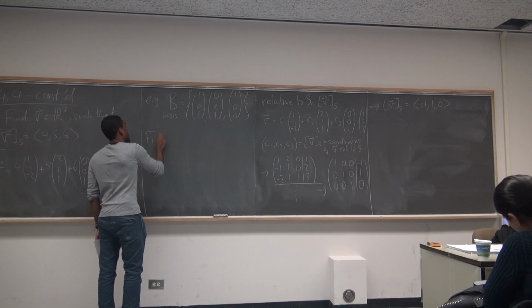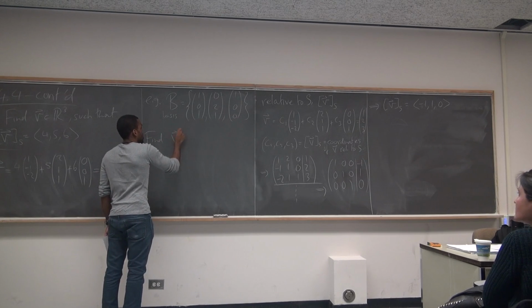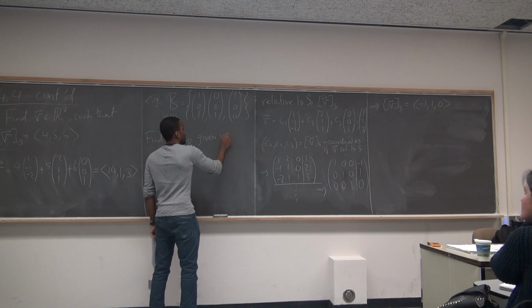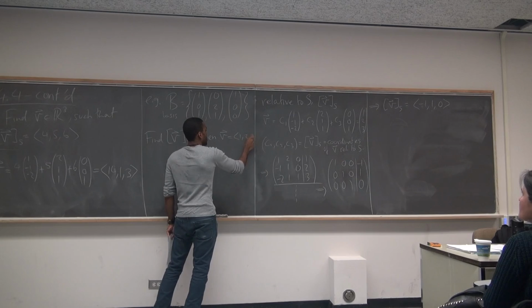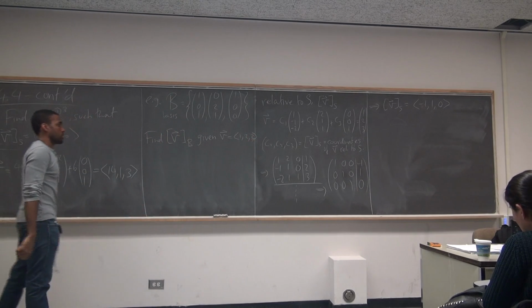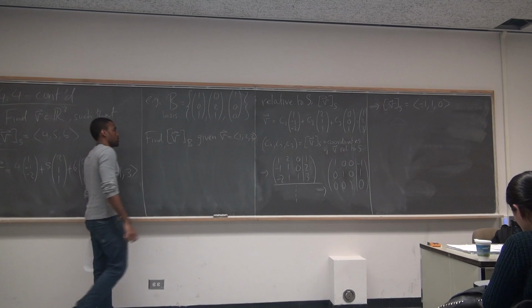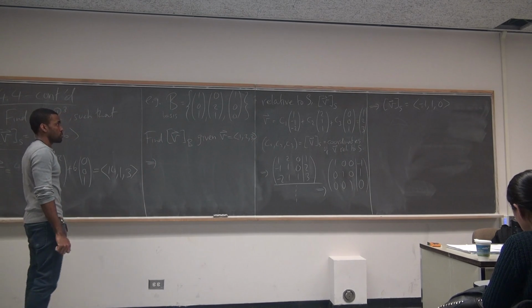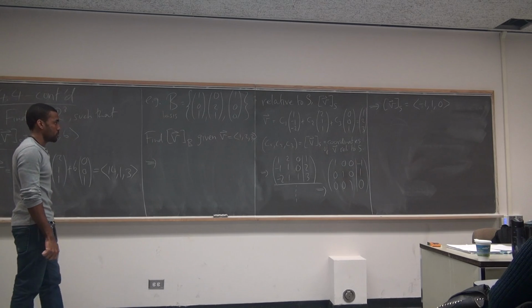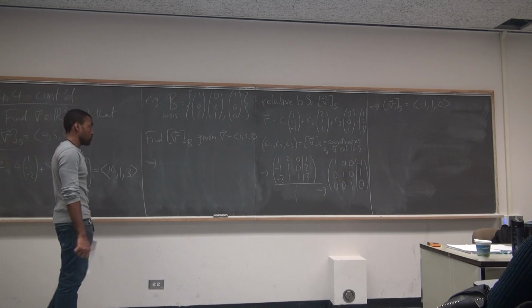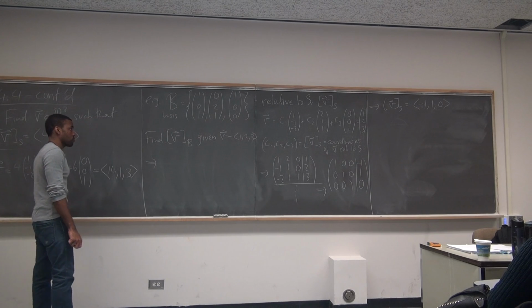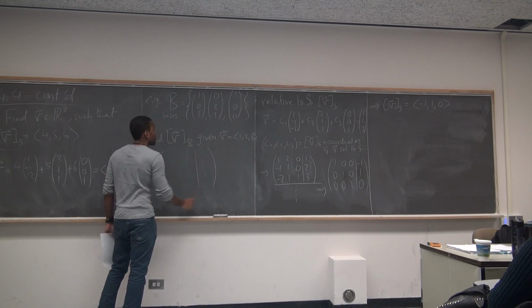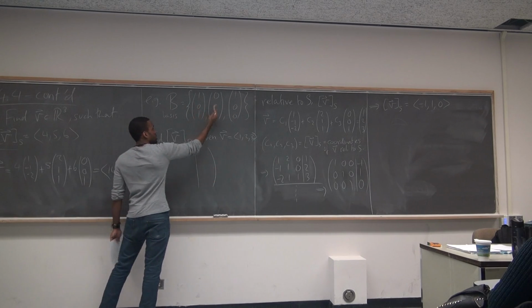Find V with respect to B given that our vector is (1, 2, 3). So how would I do that? Okay, how does the augmented matrix look? These basis vectors just form a column.